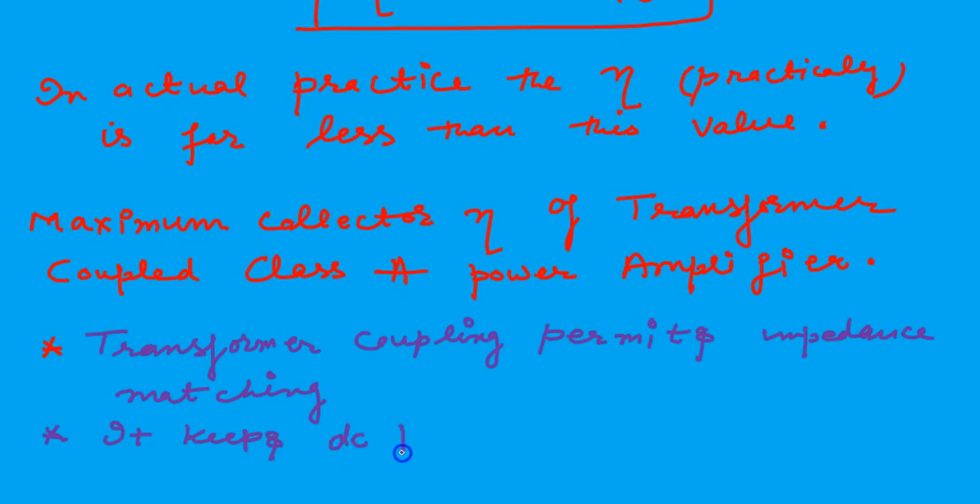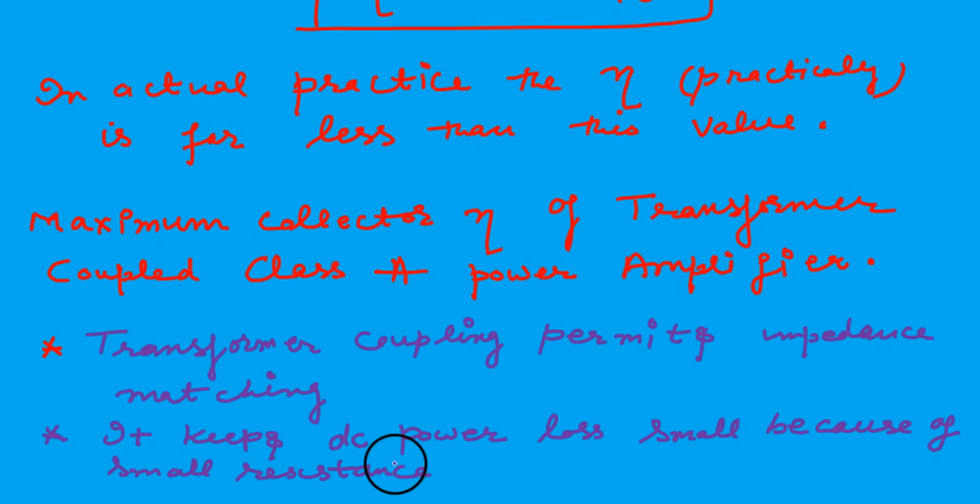Now the question is, why are we using the transformer at the load side? Because of impedance matching. Number 2, it keeps the DC power loss small because of the small resistance of the primary of the transformer windings.